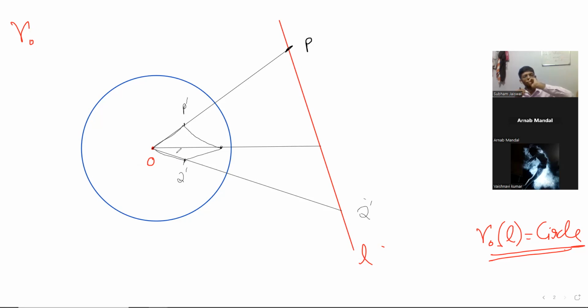But a synthetic proof. Yeah, so infinity goes to the origin. I have to show that this is cyclic. How do we prove this? Synthetic proof.